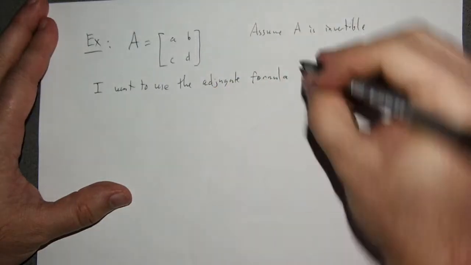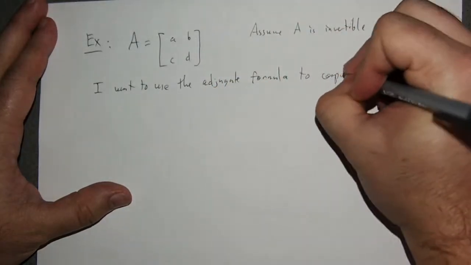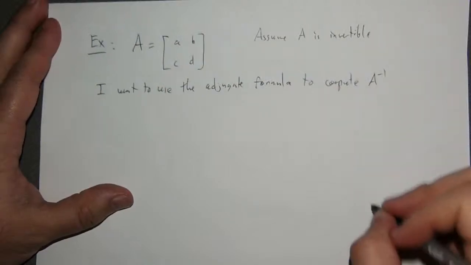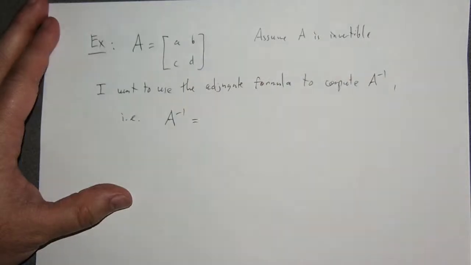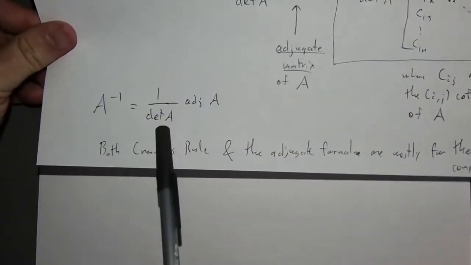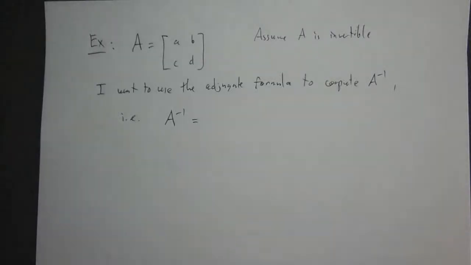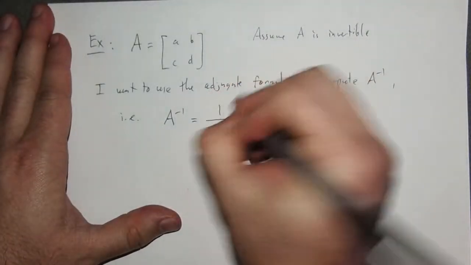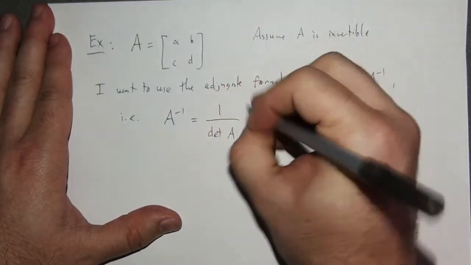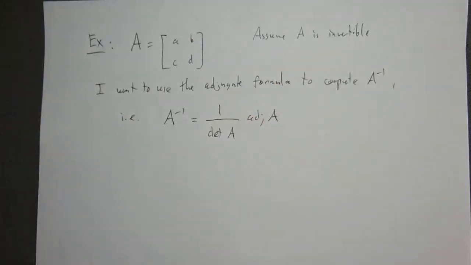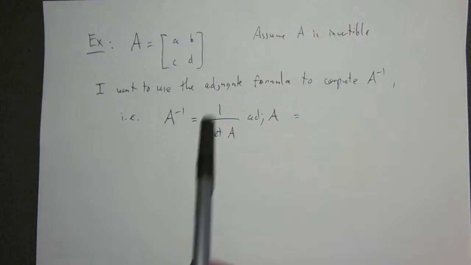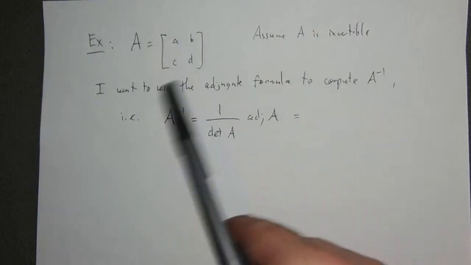So A inverse is equal to, by the adjugate formula, let's run it back for a second, 1 over the determinant of A times the adjugate of A. The determinant of A is AD minus BC.